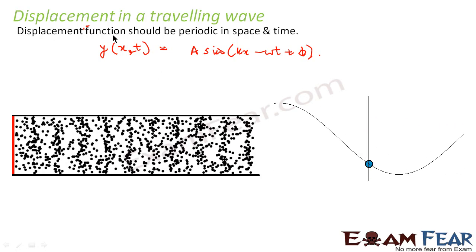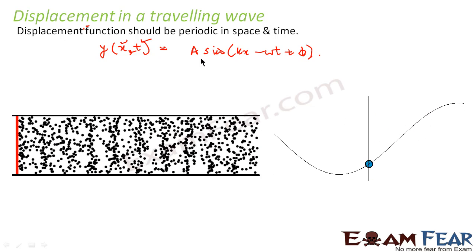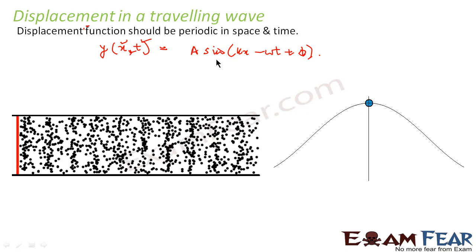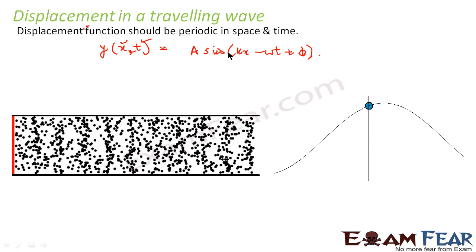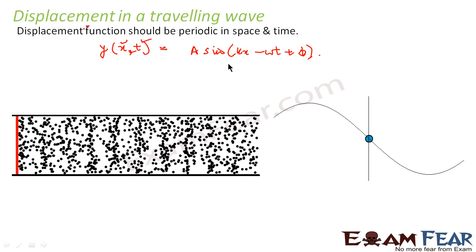So displacement is a periodic function in space as well as time. So this can be represented as a sine function. It can also be represented as a cosine function, because both sine as well as cosine functions are sinusoidal functions. And it can also be represented as a combination of sine function and cosine function.